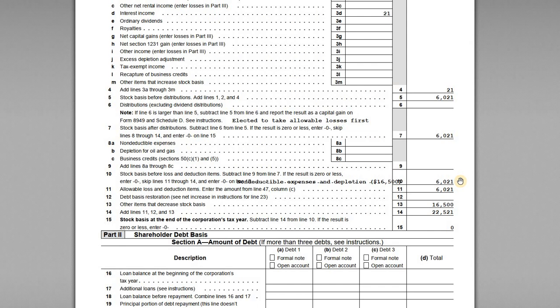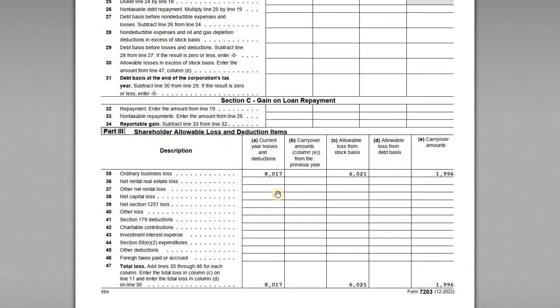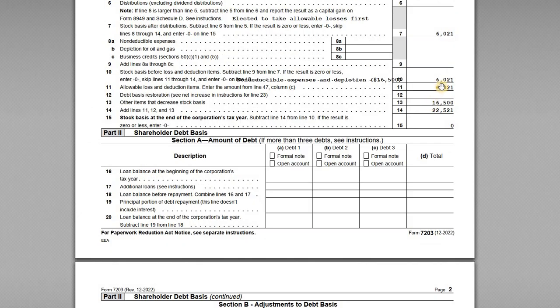It's $6,021. And so now when we jump down to Part 3, we have the same amount of ordinary losses from the K-1, right? There's the $8,017. But now because we have some stock basis, we can claim some of these losses. So the loss allowable from our stock basis is $6,021, right? Because we add A and B and we ask ourselves, is this amount greater than the number we have on line 10?